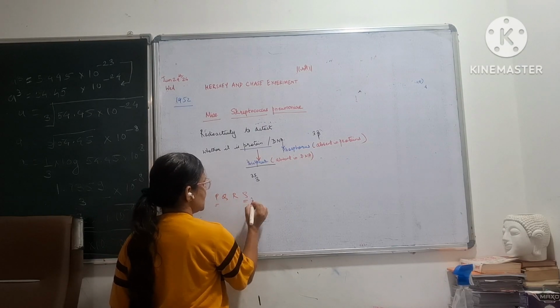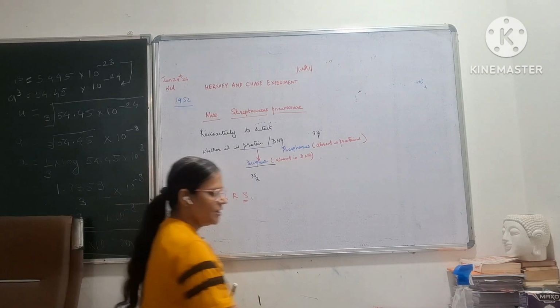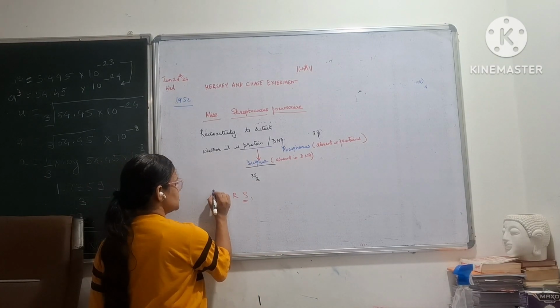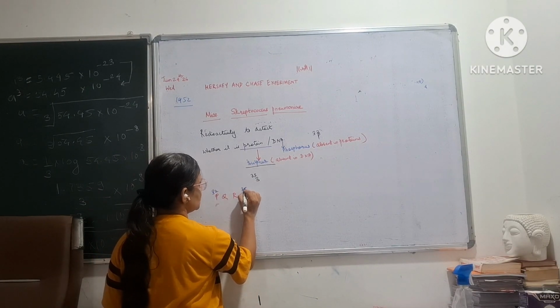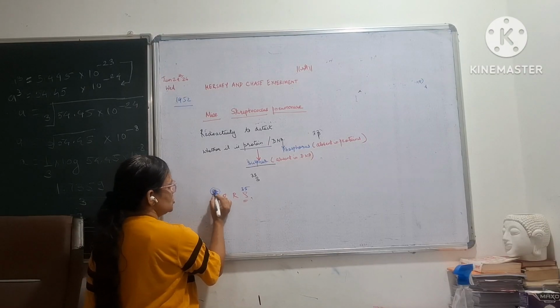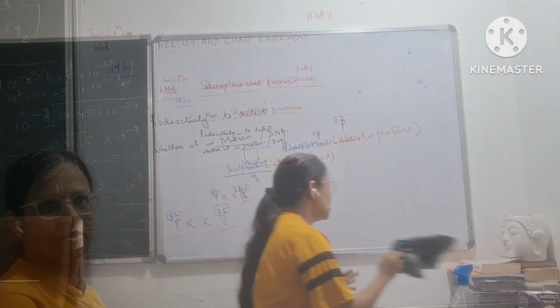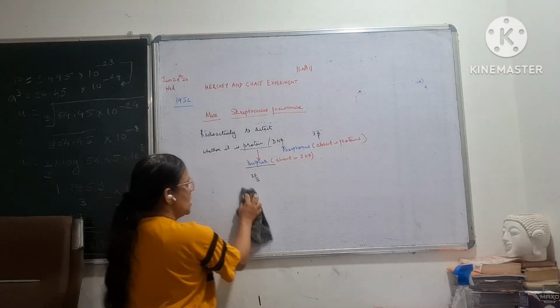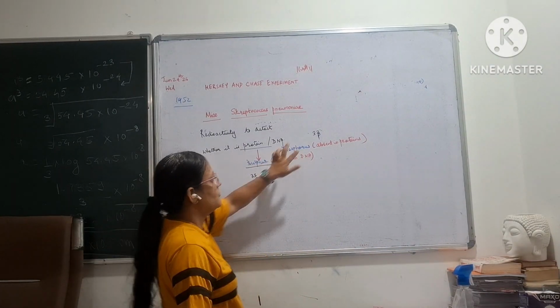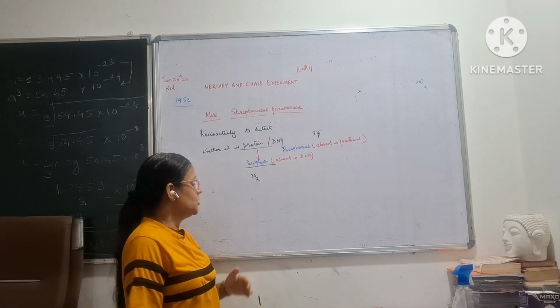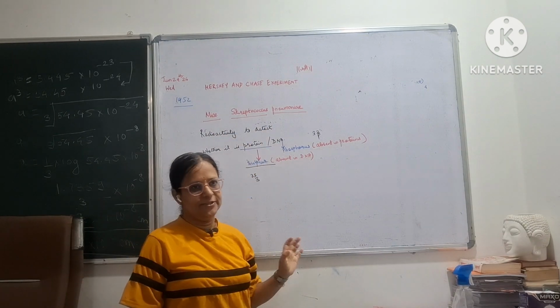P comes first, S comes later, right? This is how I have memorized. Phosphorus 32, sulfur 35. So 32 is smaller than 35, P comes before sulfur. So they used these two isotopes, that is S35 and P32, to radioactively label proteins and DNA.